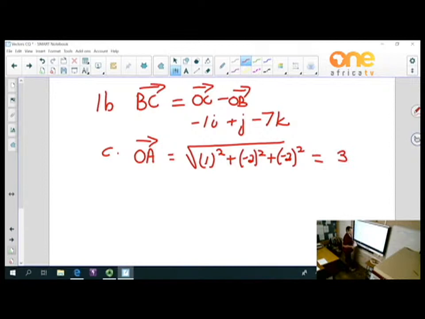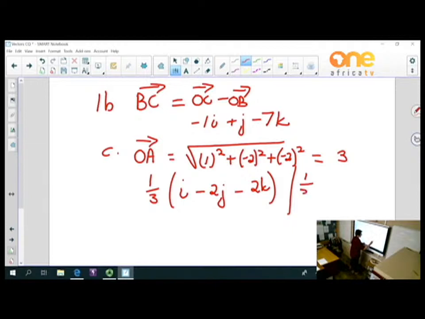And then step 2, you multiply with the reciprocal. So it's a third of i minus 2j minus 2k, which we can also write, it doesn't matter how you do it, as a third i minus 2/3 j minus 2/3 k. That is then your unit vector.